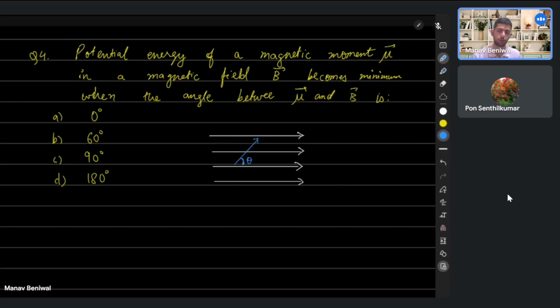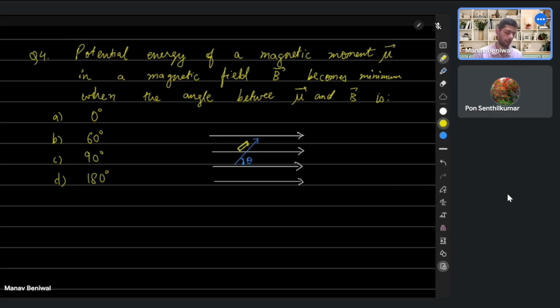So I have chosen some arbitrary direction and put my magnetic moment here. Now what is a magnetic moment? It is like a bar magnet. You can think in terms of a small bar magnet here, like this.